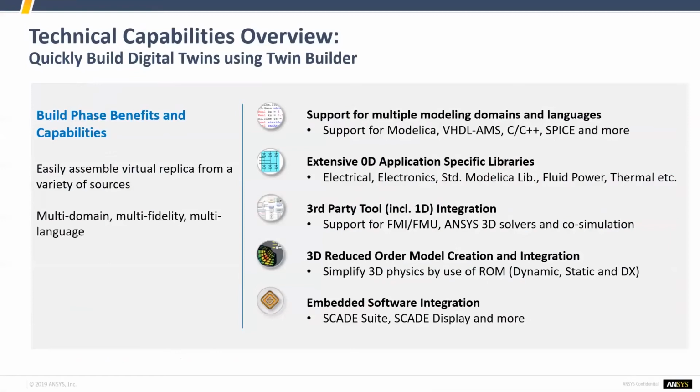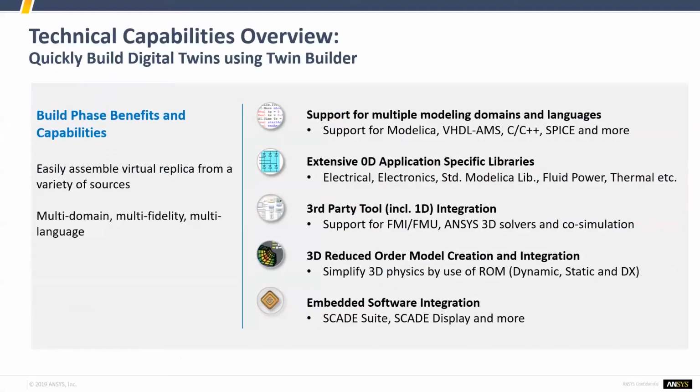In addition to that, we also have libraries in VHDL-AMS, C/C++ and Spice, and some more. These are drag and drop libraries. That means that if you want to model a resistor, you just drag the resistor out of the library and place it on the Twin Builder schematic. If you want to model a cylinder, you just drag the cylinder and drop it, and then you can parameterize it.